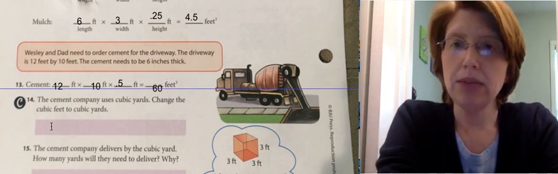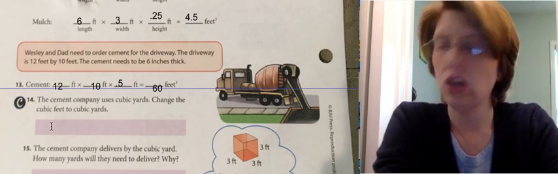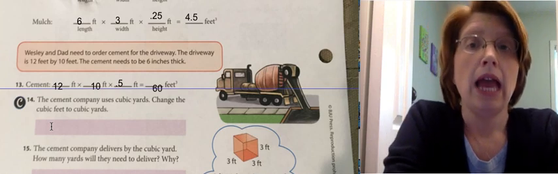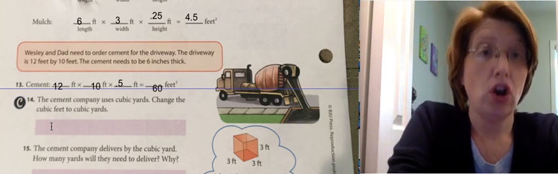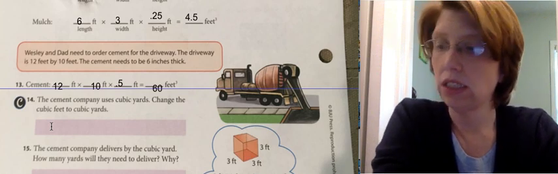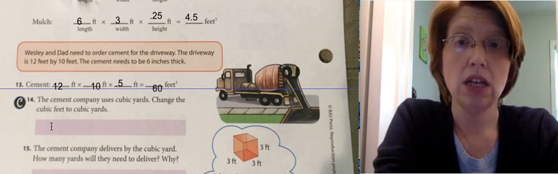The cement company uses cubic yards. Change the cubic feet to cubic yards. So how many feet are in a yard? Three, right?